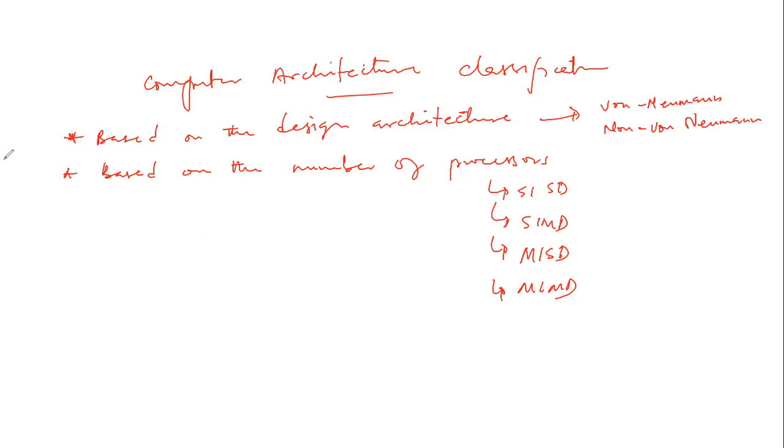Now for the von Neumann architecture, you already know that it has three major subsystems, right?